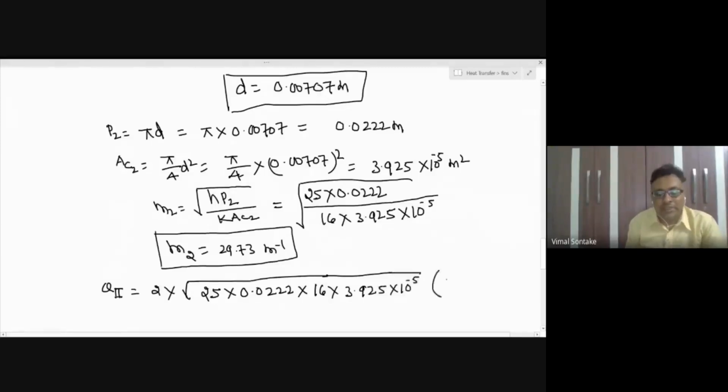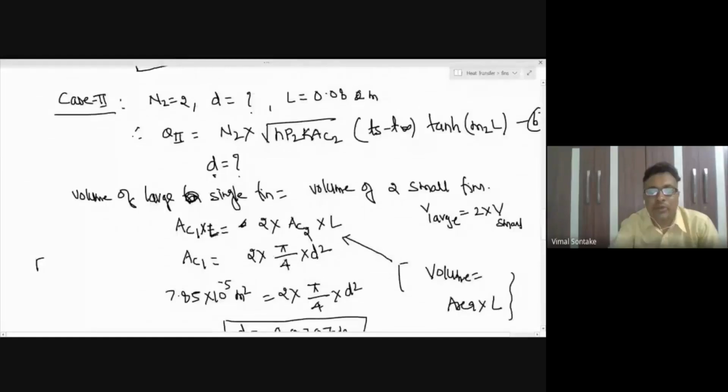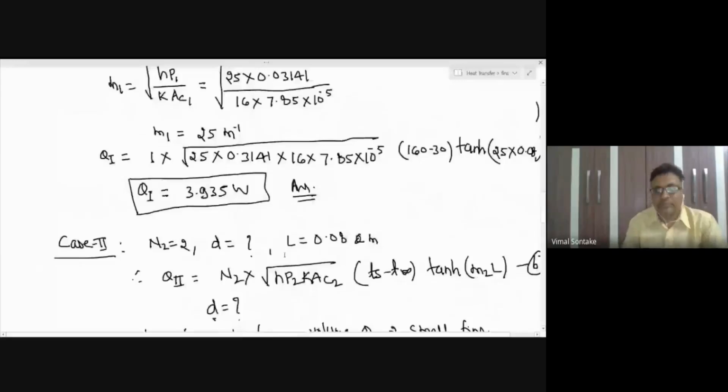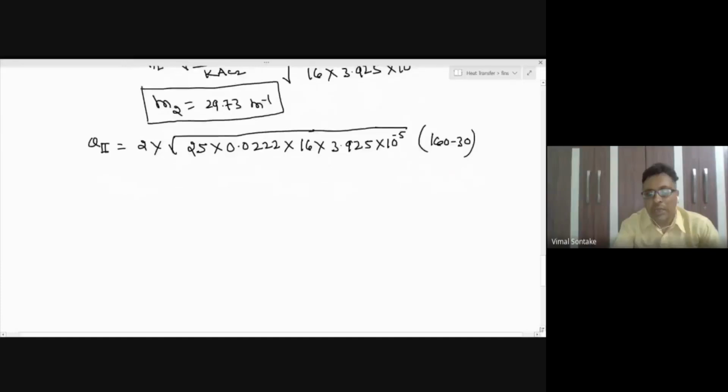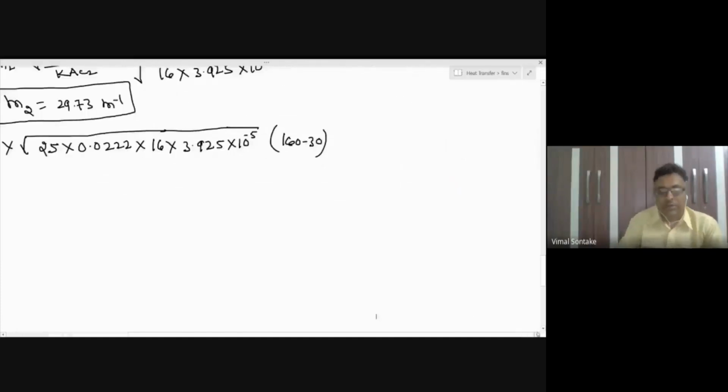Ts is how much? 160, 160 and 30, and finally tanh of 29.73 into 0.08. So please calculate this value.